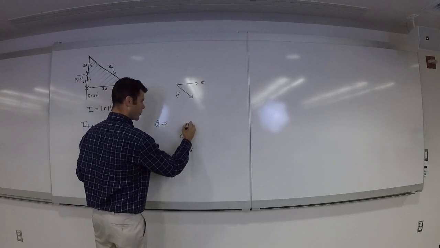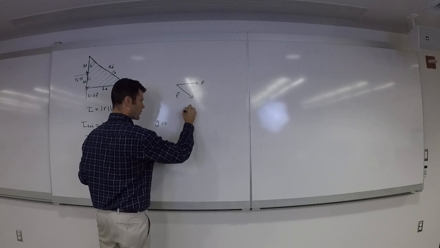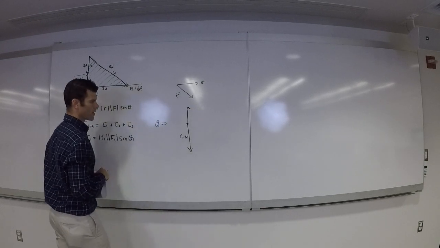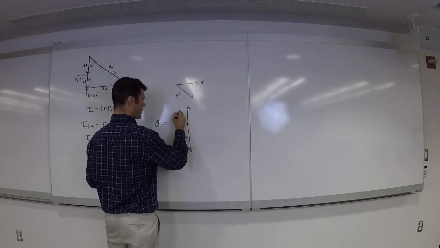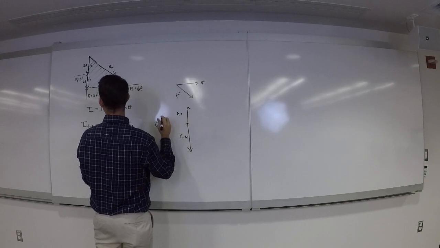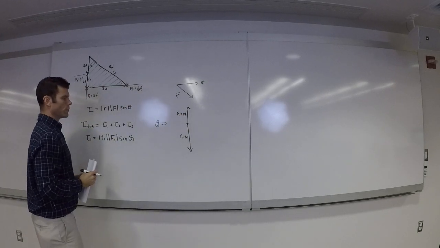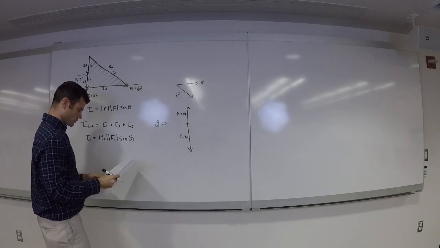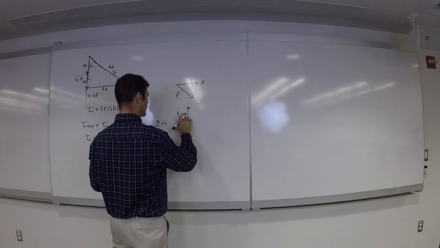Then we'll put both vectors at the same point, with their tails together, and that will help us calculate the angle. We can see that the force is directed straight up, and it has a magnitude of 5F units.